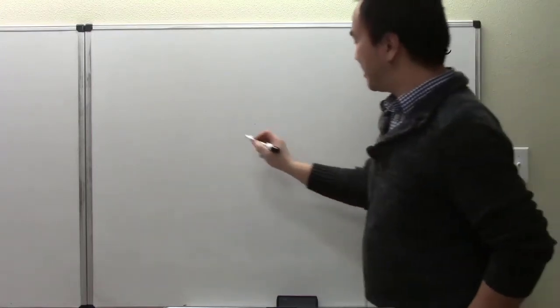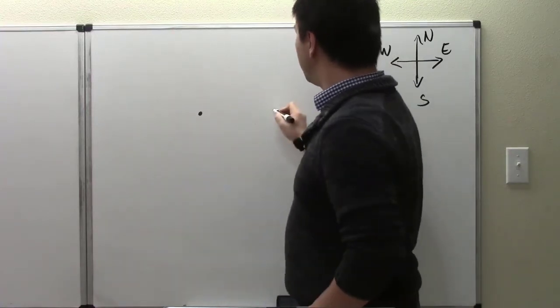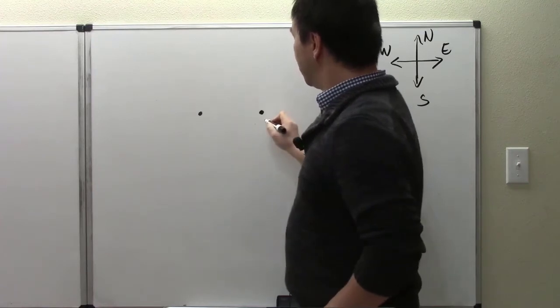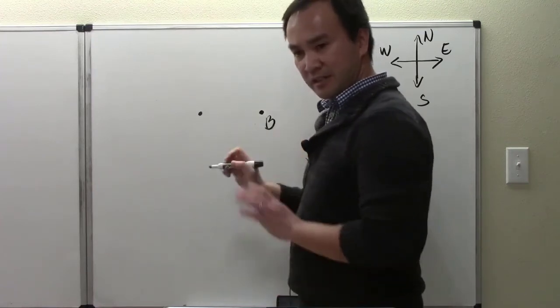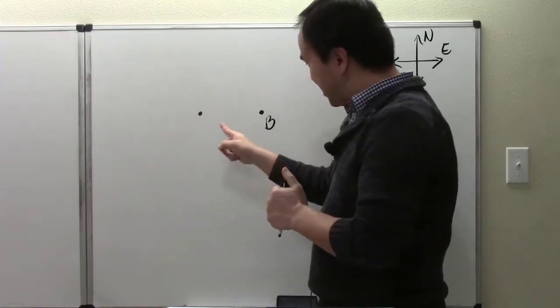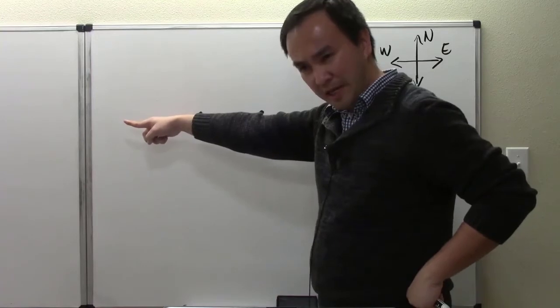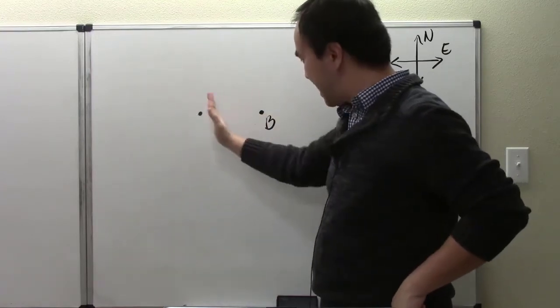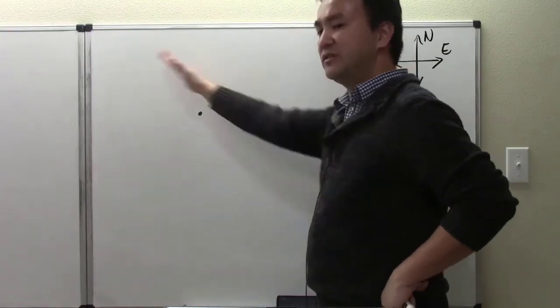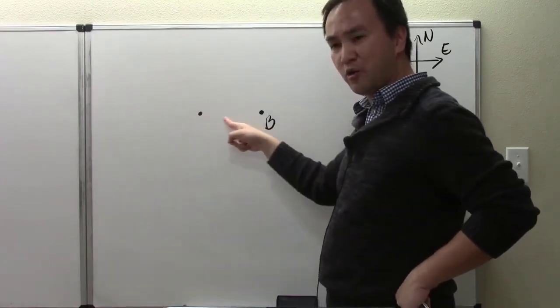So I'm going to use 2 little dots, 2 little points on my board to represent the ships. This is where ship B is at, because the description said at noon, at that instant, ship A is 20 nautical miles due west, and due west means ship A is on the west side of B, about 20 nautical miles away.